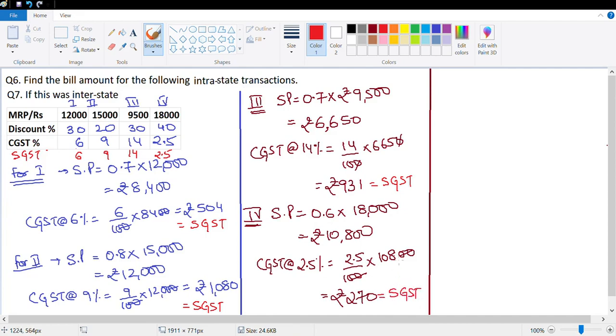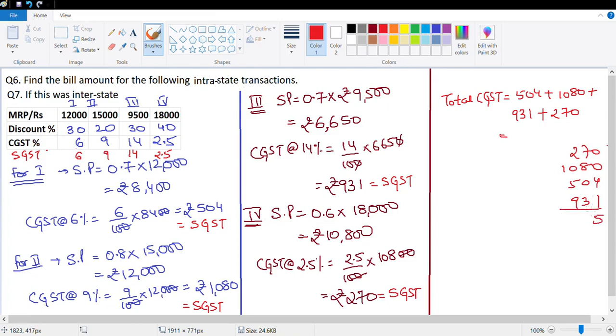What we need to calculate is the total amount. So total amount will be equal to selling price plus the GST. Total CGST will be equal to 504 plus 1080 plus 931 plus 270.